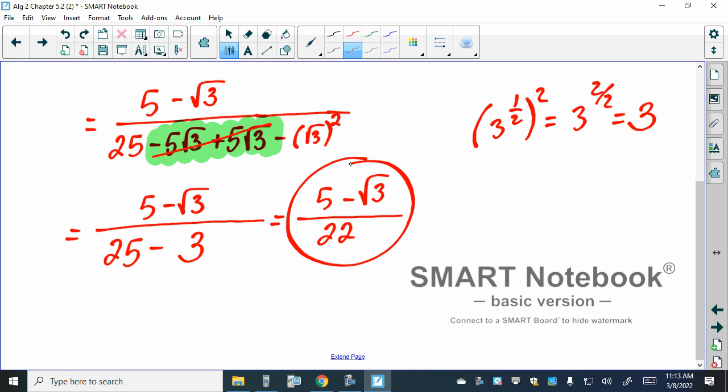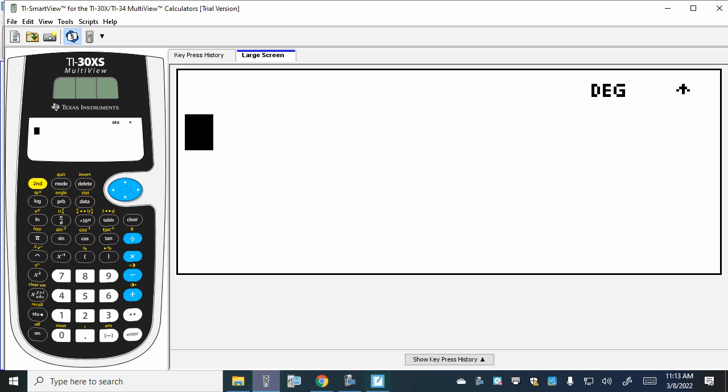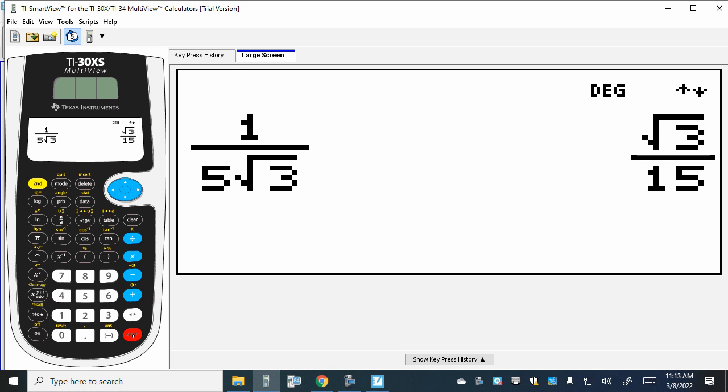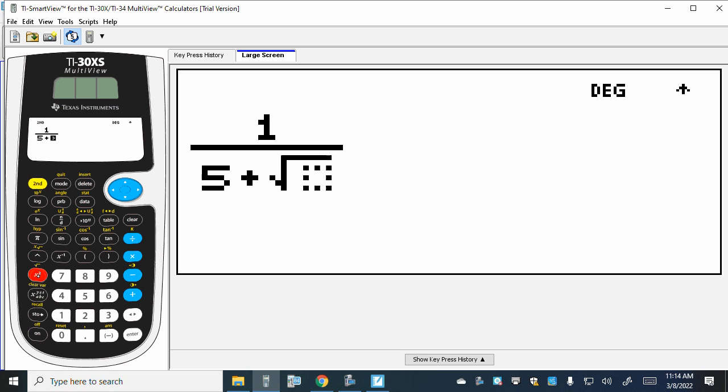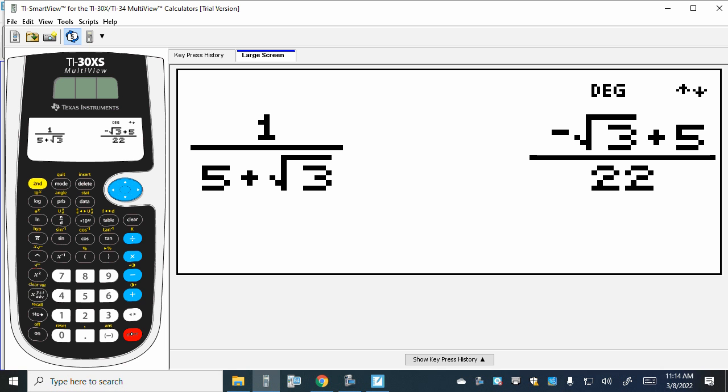Because we had 1 over 5 plus the square root of 3. If I can type that in right, let's try again. Fraction 1 over 5 plus square root of 3. That's the exact same thing, isn't it?